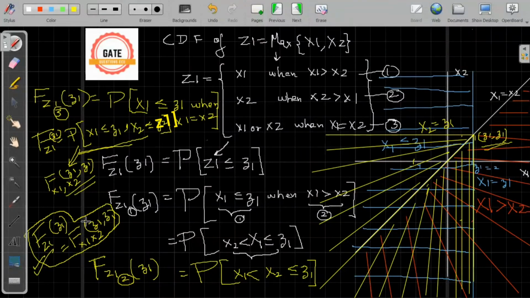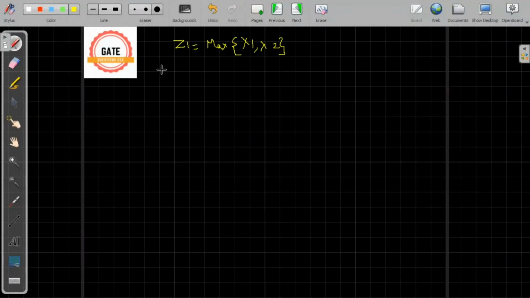So now we will use this to further define the CDF of Z1 in case X1 and X2 are independent. We concluded in the previous discussion that the CDF of Z1 with the sample value z1 is nothing but the joint CDF of X1 and X2 with parameters z1, z1.